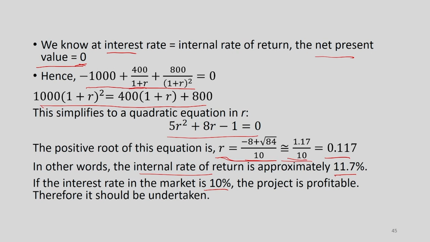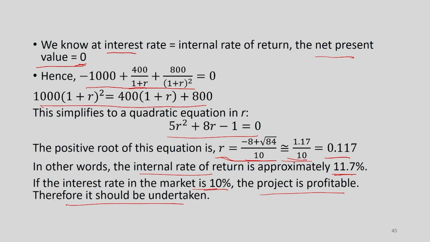Now, we have already found out that the internal rate of return of the project is 11.7%, and the market rate of interest is given as 10%, which is less than the internal rate of return. Therefore, the project should be undertaken because it is profitable compared to the existing market rate of interest, right.